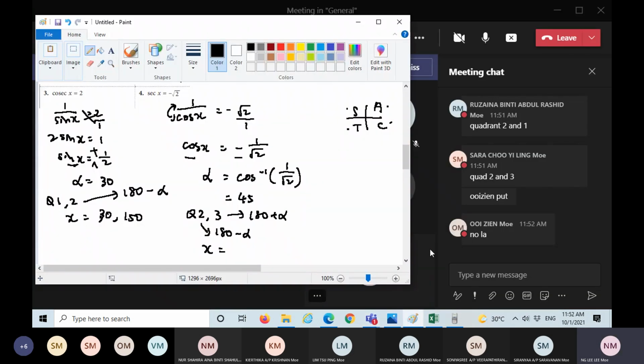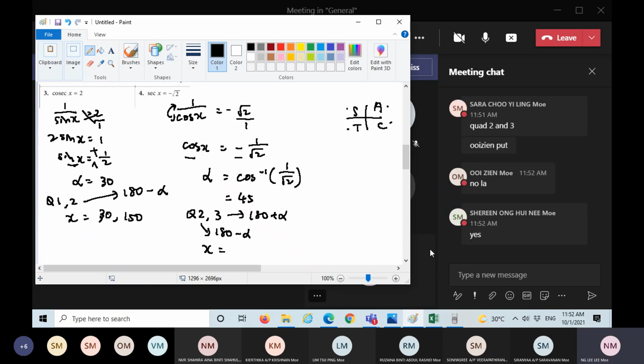Shereen here. Can you please tell me what is the X? Sarah said it's in the second and the third quadrant.